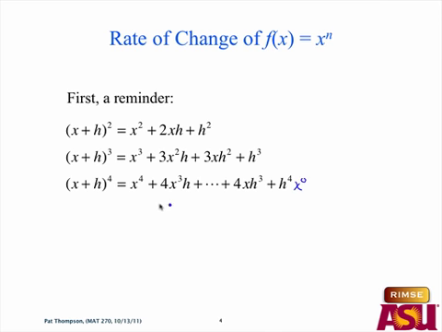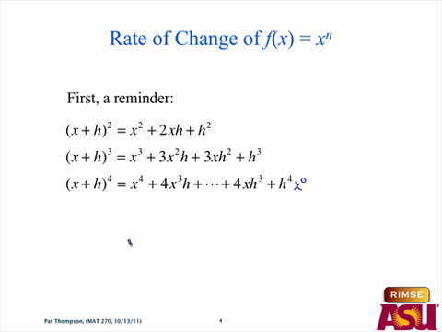Okay? So our power of x marches down. What about the power of h? It goes up. So that's how these binomial expansions work. The one starts high and goes down to 0. The other starts at 0 and goes up to our power.